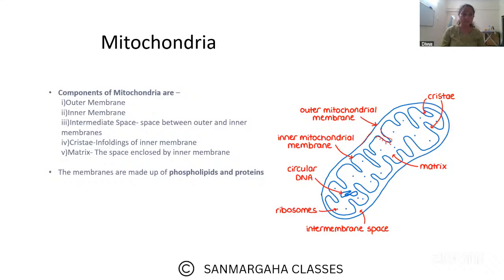Okay, and these infoldings are called the cristae. Okay, why is cristae formed? Because to increase the space for energy production. Okay, so when there are more cristae, a greater amount of ATP will be produced.